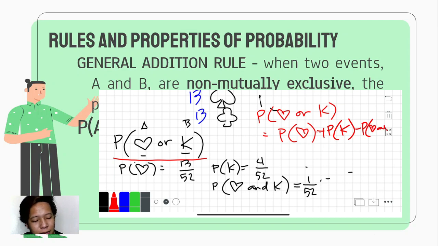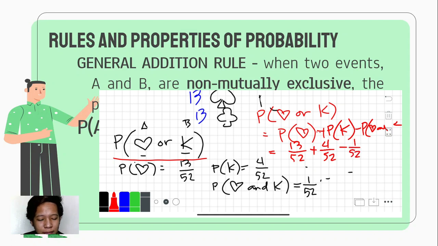Okay? So, wag pong malilito kung ano yung intersection, basta i-analyze niyo lang yung problem. Okay, so probability of heart, that is 13 over 52, plus the probability of king, that is 4 over 52, minus the probability of hearts and king, that is 1 over 52.